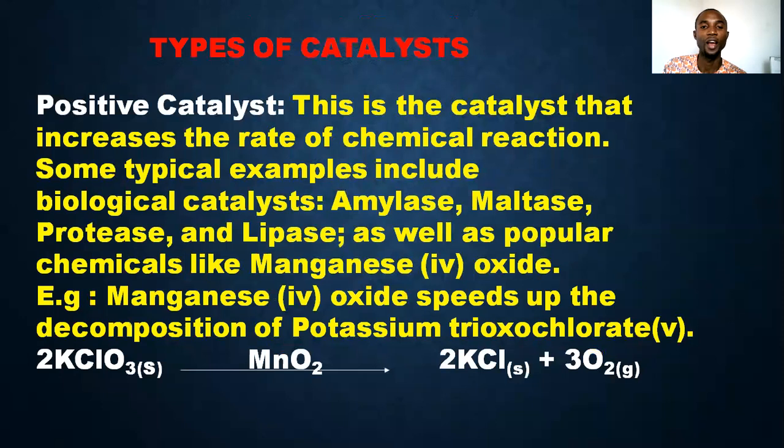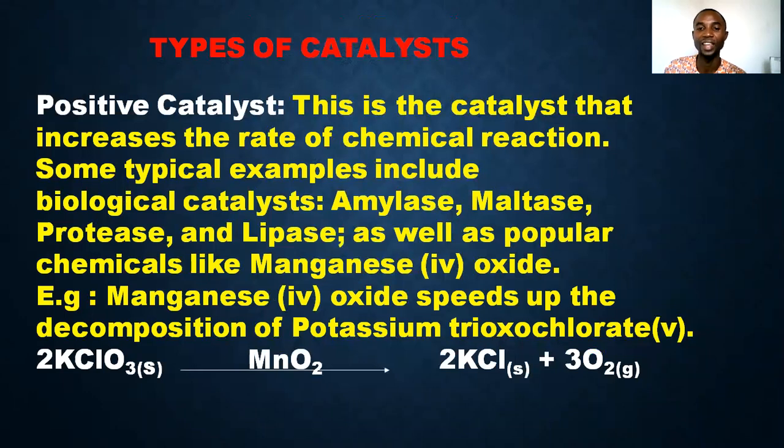We have types of catalysts: positive catalysts and negative catalysts. What do we mean when we say that it's a positive catalyst? A catalyst is positive if it increases the rate of chemical reaction. Some typical examples are biological catalysts like amylase, maltase, and lipase.